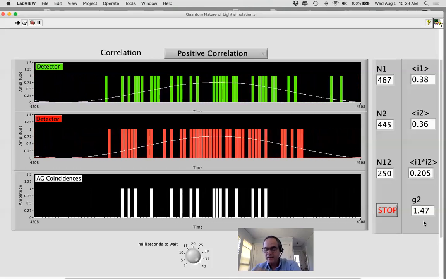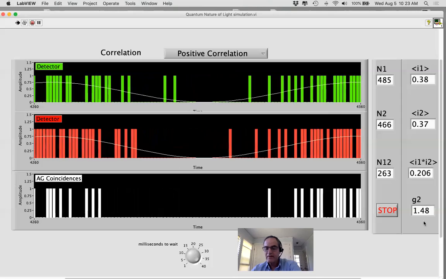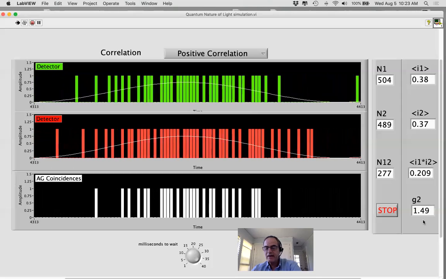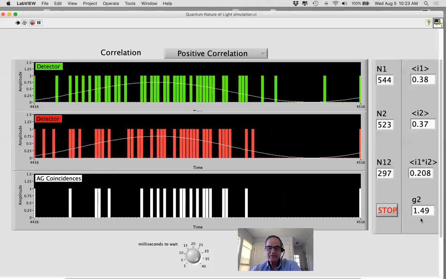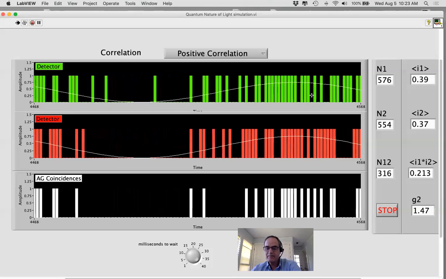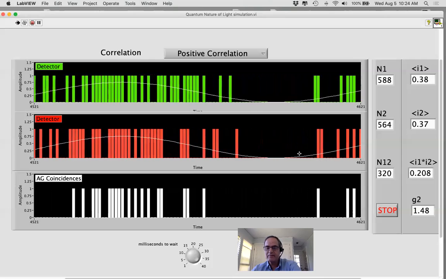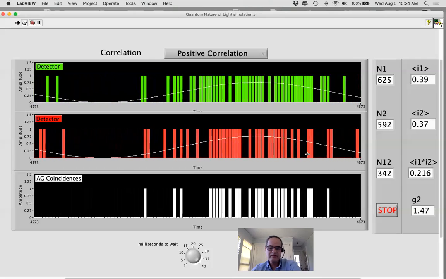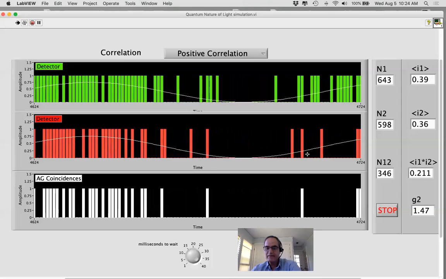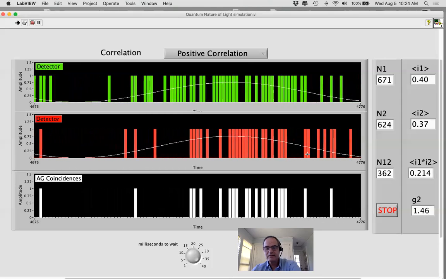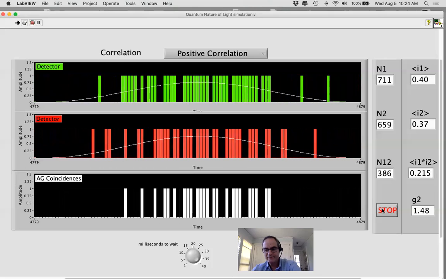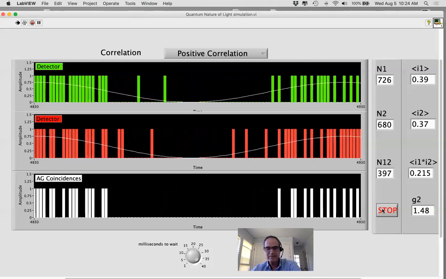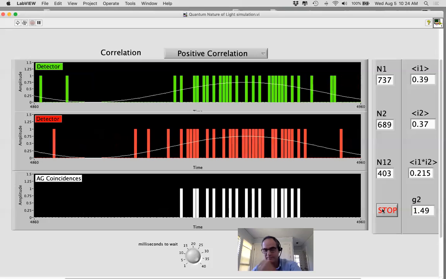So again, although we see fluctuations, this supports the idea that the analytic result we wrote down a moment ago still holds when the detectors randomly produce pulses with a probability that's determined by the intensity. And the intensity would be a classical continuously variable number. Okay, I'm going to stop the simulation now and we'll go to the third one.